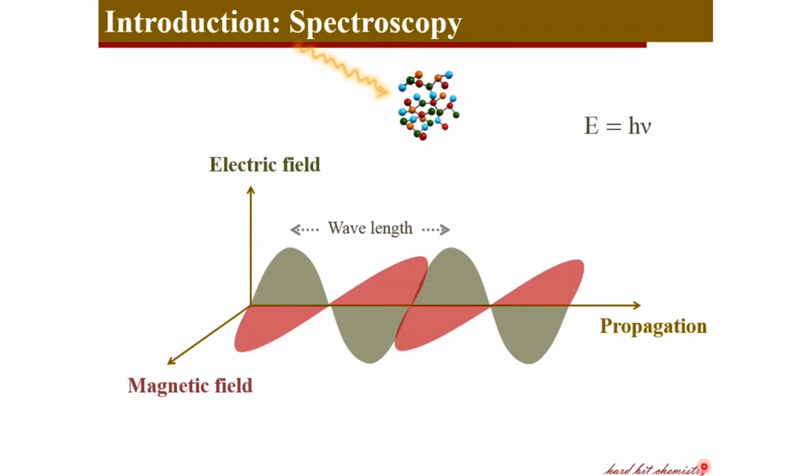That is, energy is proportional to frequency and is equated with Planck's constant, and energy is related to wavelength through the velocity of light in vacuum c, which is a constant, and also an expression in terms of wave number is possible, where wave number is defined as the reciprocal of wavelength, that is, number of waves passing through a centimeter distance. So these are the expressions for energy of electromagnetic radiation, and we need to have this information in hand to see the details of spectroscopy.